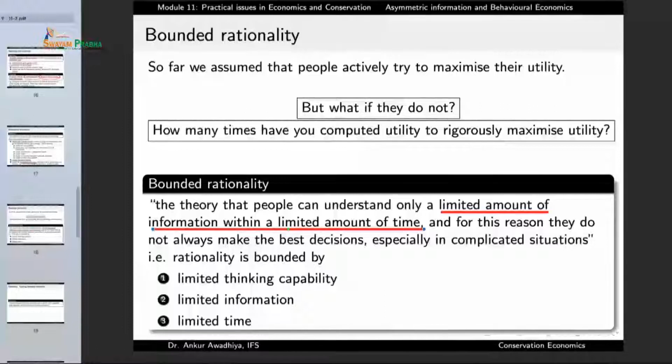Rationality is also bounded by limited information, because in certain cases people are able to do the computations, but then they do not have the raw materials, the raw data on which to base the computation.